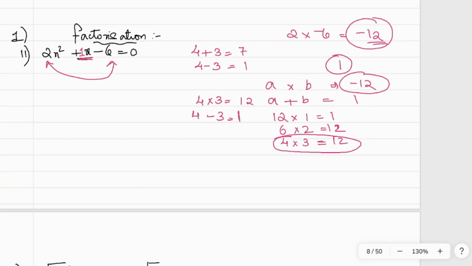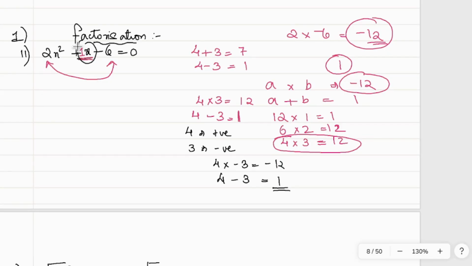So to get this, my sign for 4 is positive and 3 is negative. Then 4 into minus 3 gives me minus 12, and 4 minus 3 gives me 1. So the numbers I have to take here are 4 and minus 3.